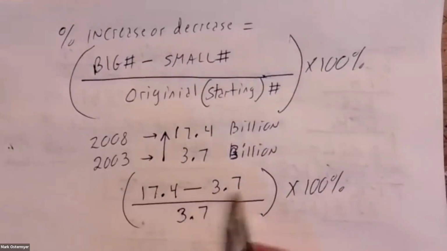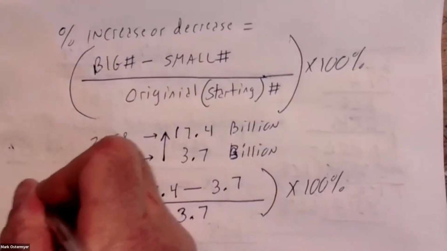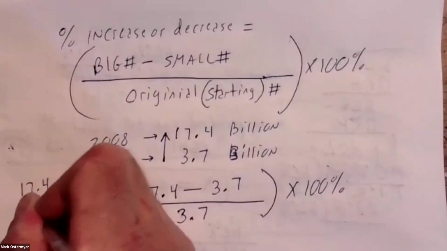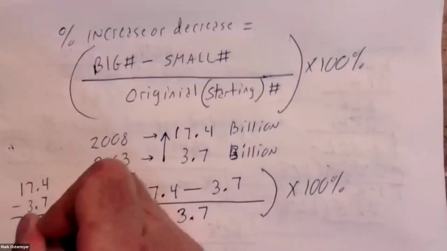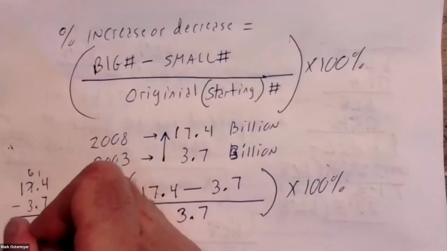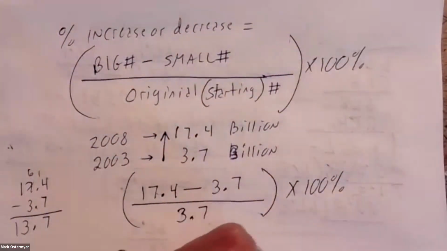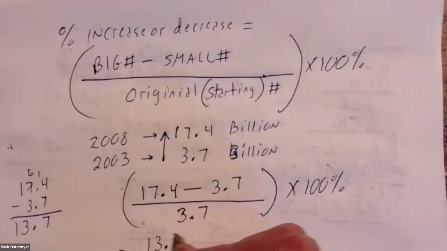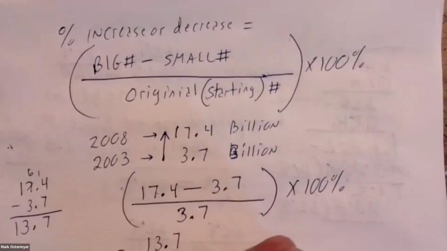See that there? So the percent increase is not 370%? No. What's 17.4 minus 3.7? 13.7, divided by 3.7.